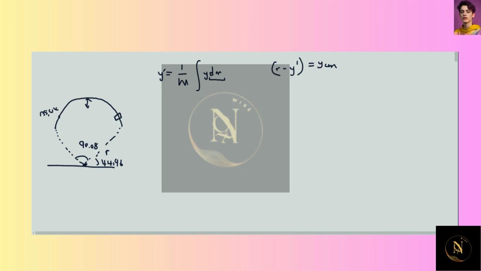We know that the total mass of the rod is m, and the rod is of length L. So if we assume that it's a uniform rod, this little mass here, dm, is going to be equal to the mass distribution, the mass per unit length, which is the total mass over the length, multiplied by the length of that little piece here.